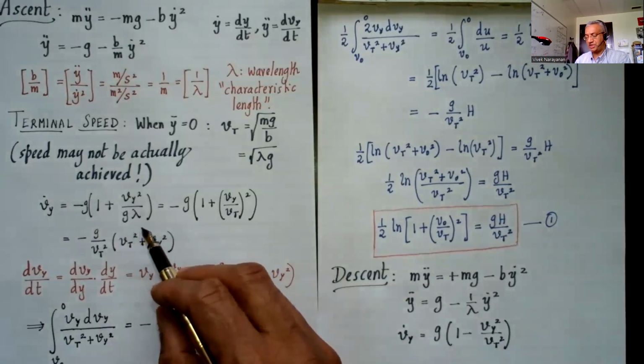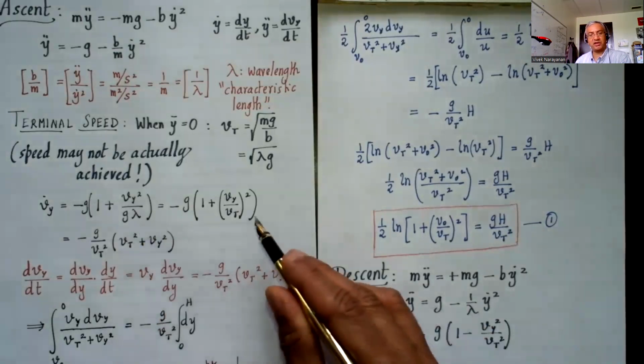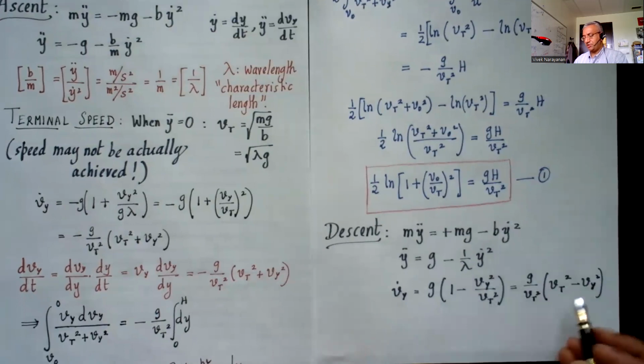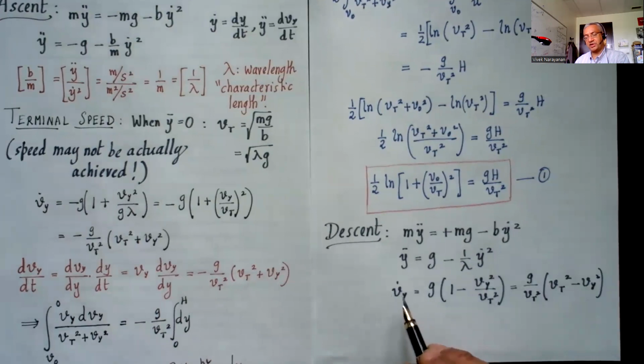That combination g lambda becomes vt squared. And then the other step we did was to take the vt squared in the denominator outside. So that gives me vt squared minus vy squared. You observe that there is nothing wrong with this because vy has always got to be less than the terminal speed. The terminal speed is never exceeded on the way down. And so the acceleration can at most be 0. When the acceleration is 0, that's when the terminal velocity is achieved.